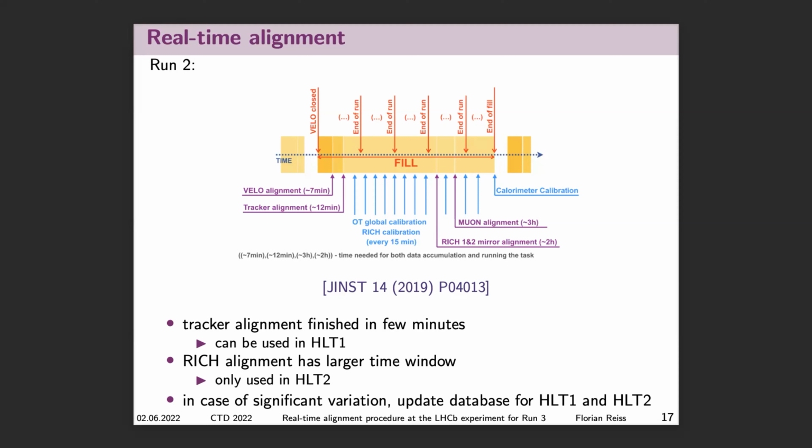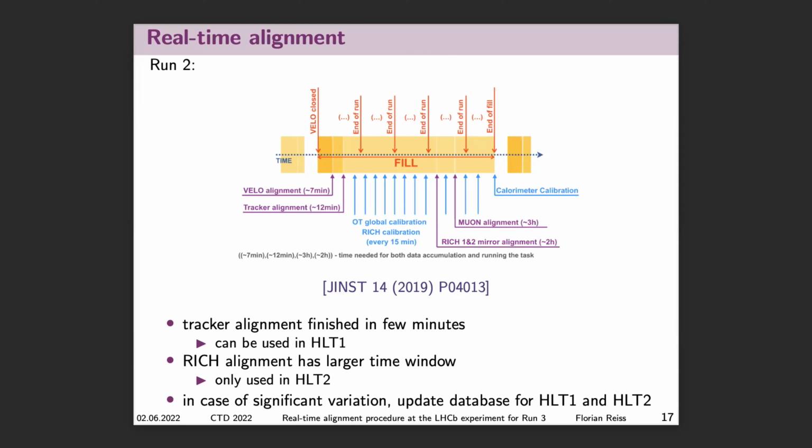Then we had to wait an hour or two to have enough data collected to be able to align the RICH mirrors, and even a bit longer to align the muon system. And finally, at the end, we have enough data to calibrate the calorimeters.